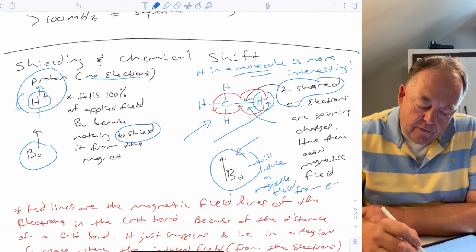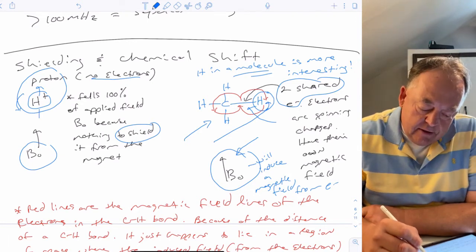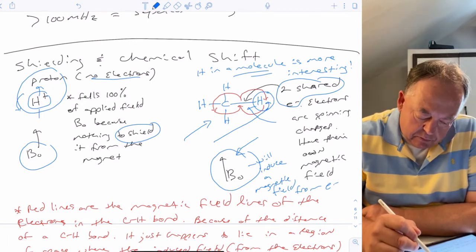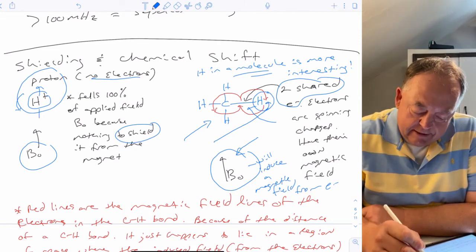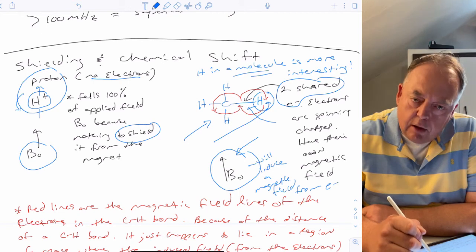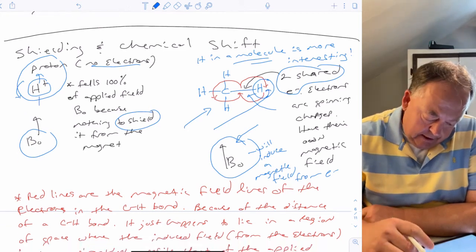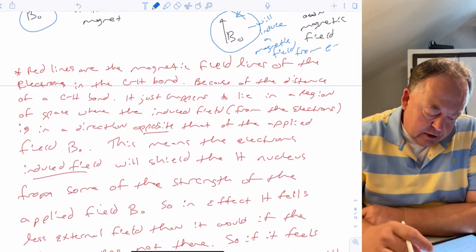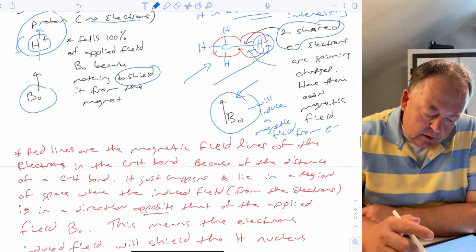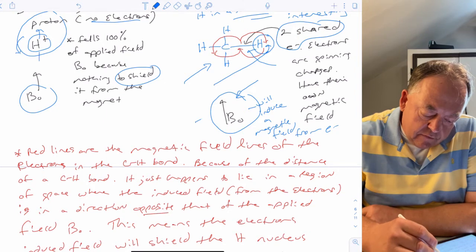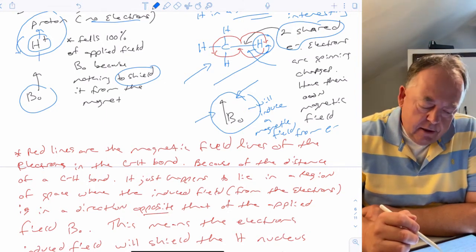So the induced field from the electrons is in the opposite direction of the applied magnetic field B. And so basically what that's going to do is shield the hydrogen from some of B. So the hydrogen's not going to feel all of the magnetic field that's being applied.